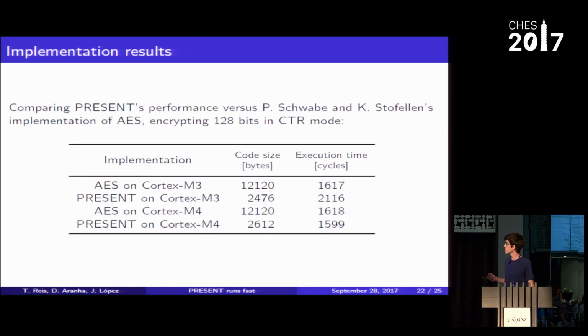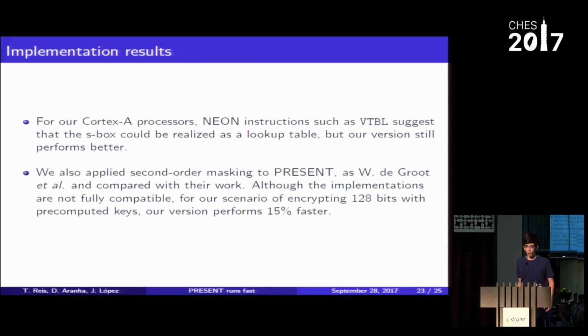Also, another comparison that is convenient to do is with other popular block ciphers, which is the case of the AES, and if we compare it with Schwabe and Stoffelen's implementation, we notice that our execution time is on par, at least on Cortex-M4, with their implementation of AES, but we have a much smaller code footprint.